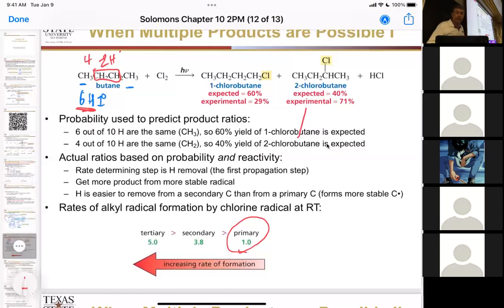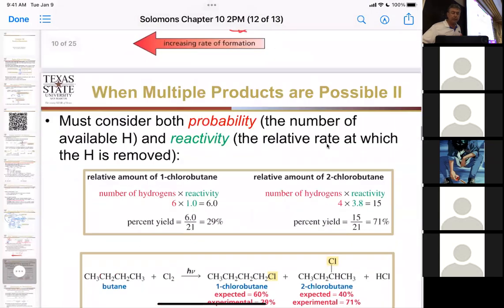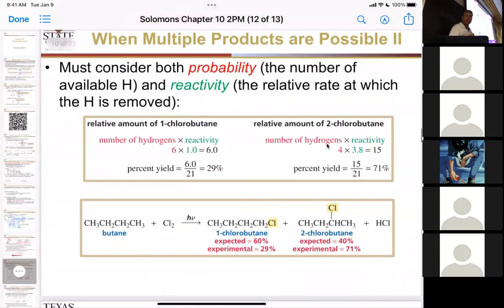Okay, so how can we use that to predict this experimental result we saw? Well, let's think about that. If we have 6 hydrogens of the primary, and its reactivity is 1, we're going to have 6 times 1. So let's say in 10 seconds of the reaction, 6 of the primaries react.